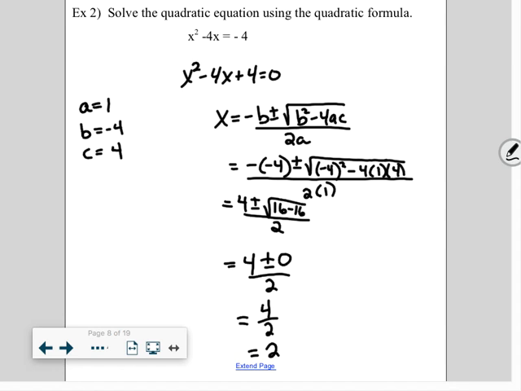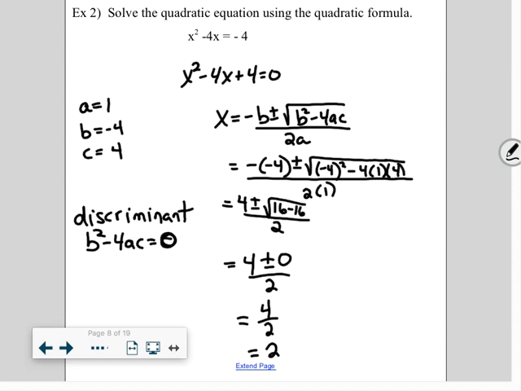All right, now I want you to pause and think here a moment. Let's connect this. The discriminant is what's underneath the radical. My discriminant, b squared minus 4ac, is 0, right? The discriminant was 0. Look back to the first page again.